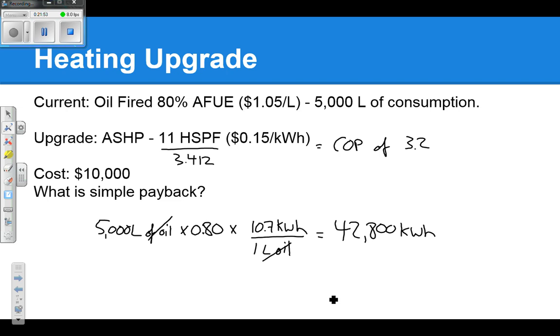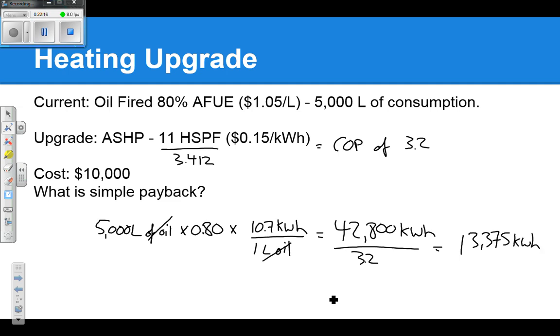Okay, the COP of the system is 3.2, so we can right away divide that by 3.2, and that would tell us we're only going to pay for 13,375 kilowatt hours.